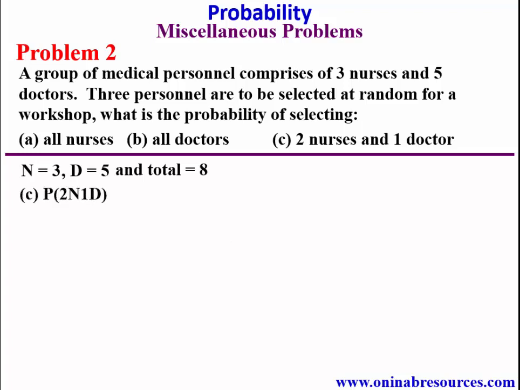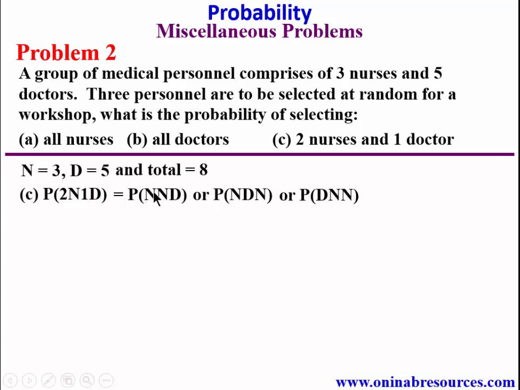For C, the probability of having 1 nurse, that is the probability of selecting 2 nurses and 1 doctor. That's going to give us a probability that the first one is nurse, the second one is nurse, and the third one is doctor, or the probability that the first one is nurse, the second one doctor, and the third one nurse, or the probability that the first one is doctor, the second one is nurse, and the third one is nurse.